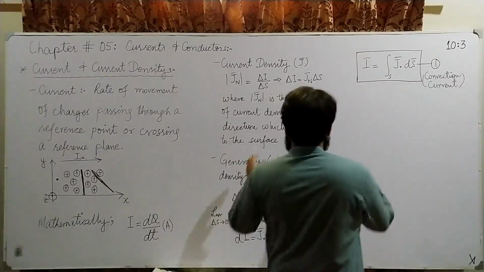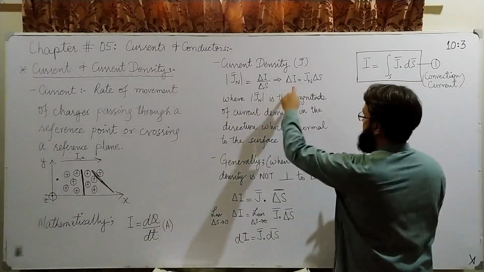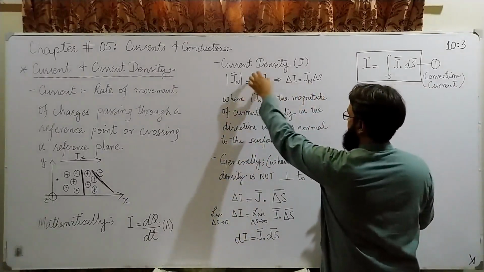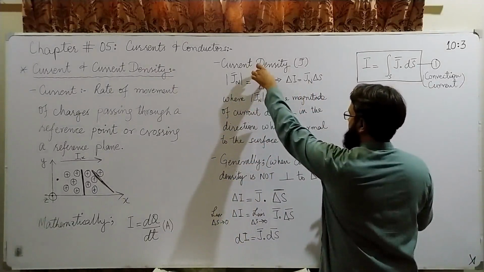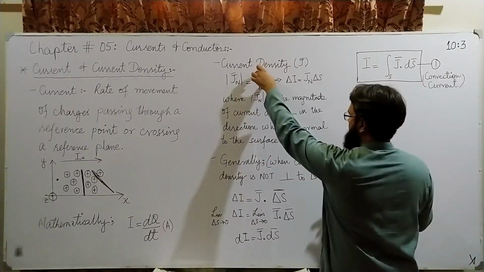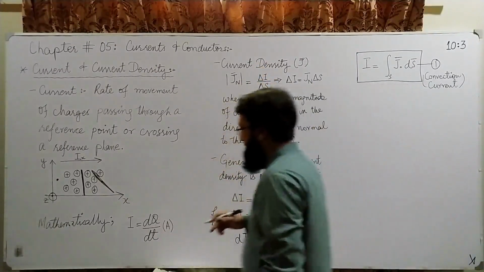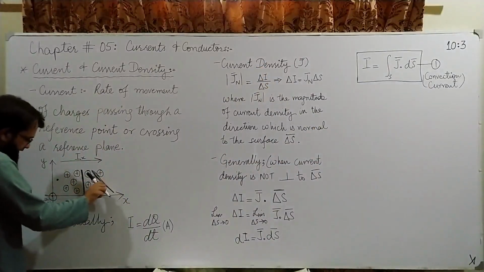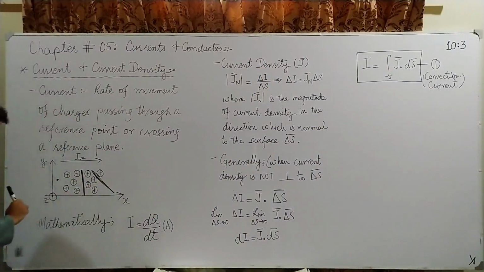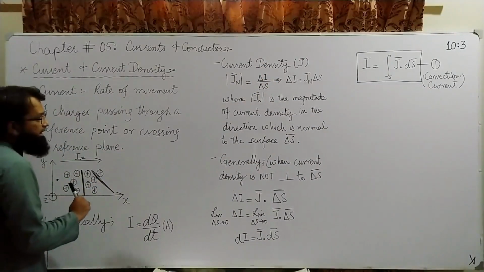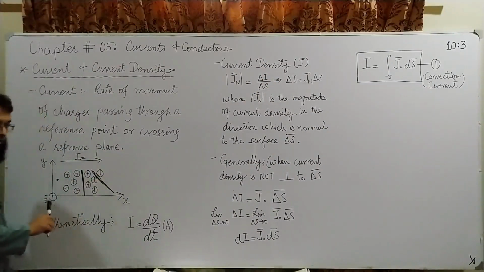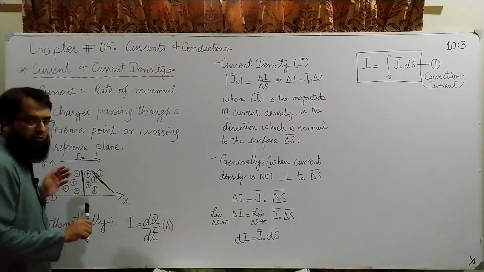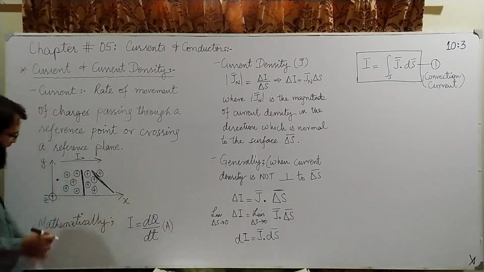Since I know that for the perpendicular case, current density is defined as the amount of current passing through the surface area divided by the surface area. So if I had changed the orientation of the surface area, would the current change? Definitely the current would change. But how about the amount of charge moving from left to right? That would be the same.